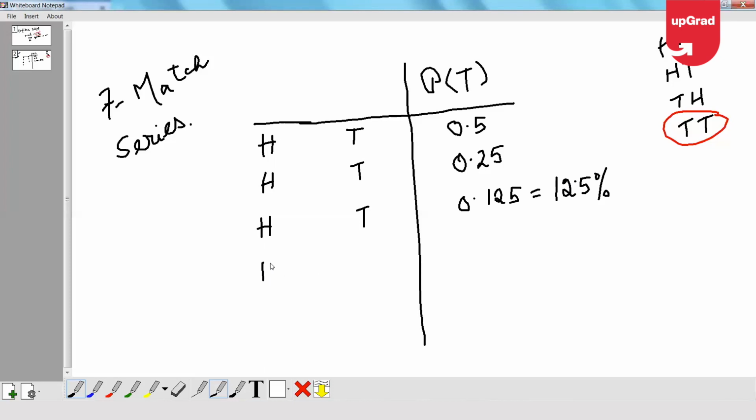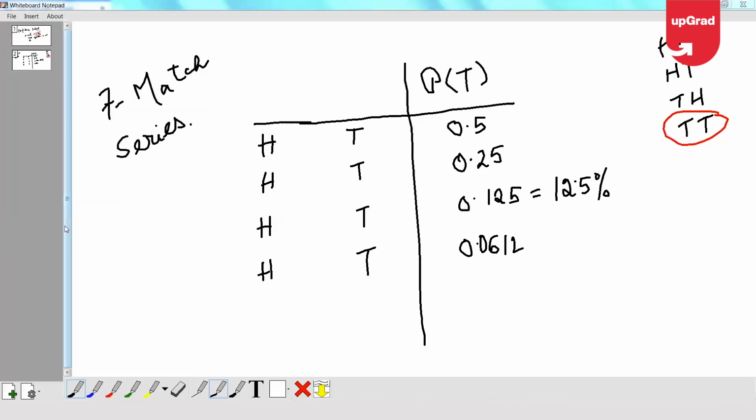You go to the fourth match. You again call heads, and this time also you got tails. So what are the chances of getting four consecutive tails? It will be 6.25%.